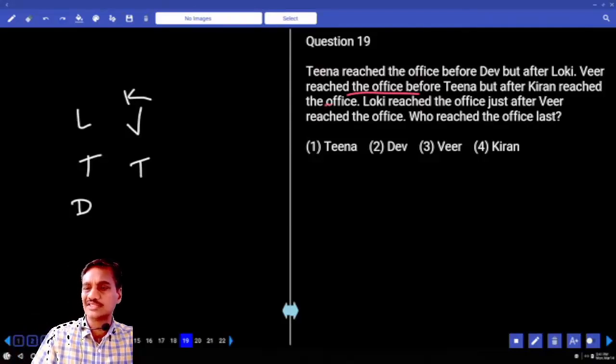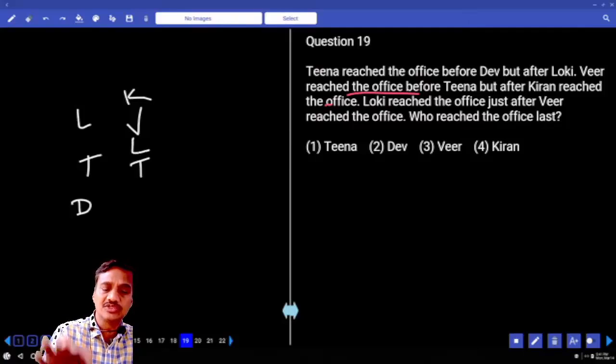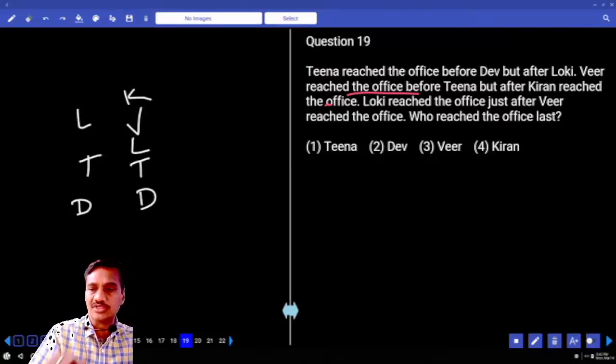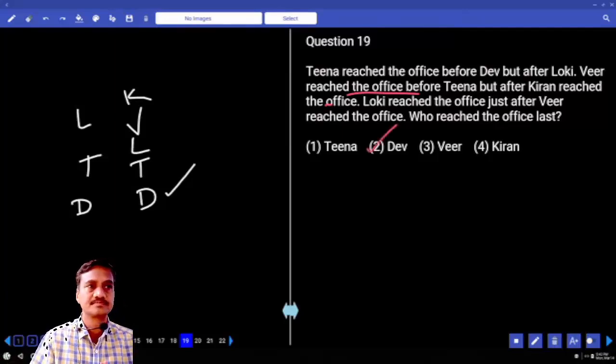Loki reached the office just after Veer. Now Loki just after Veer, so where should this Loki be? Loki is here. If Loki is here, LTD must be in this order. And who reached the office last? D reached the office last. And D is given as Dev, choice 2. Done? 19th one.